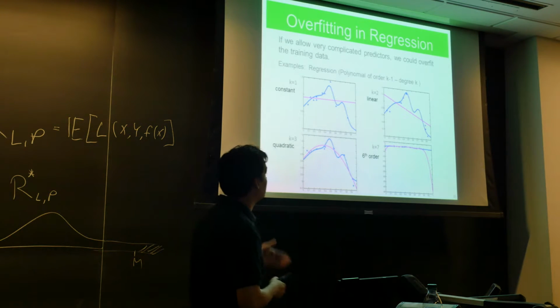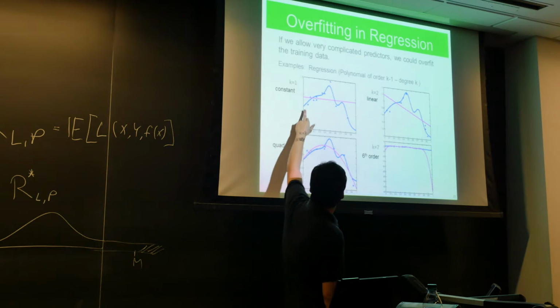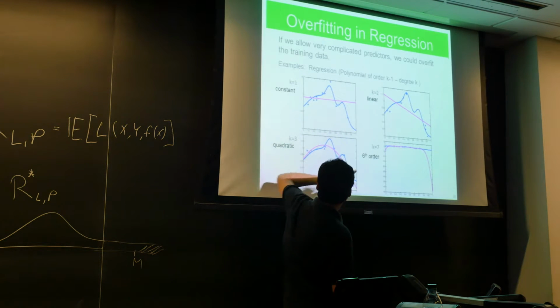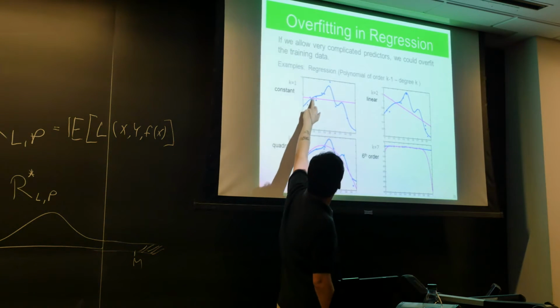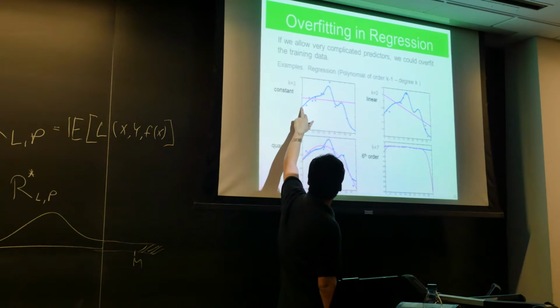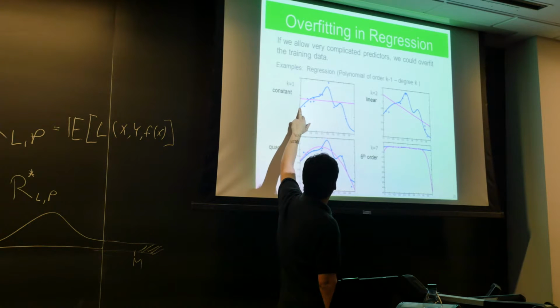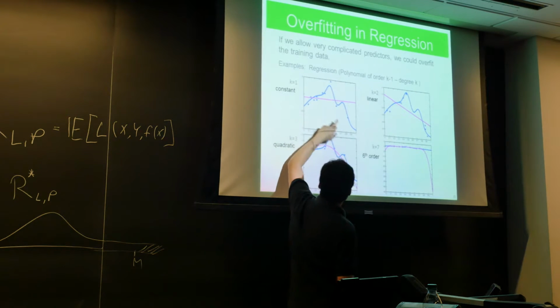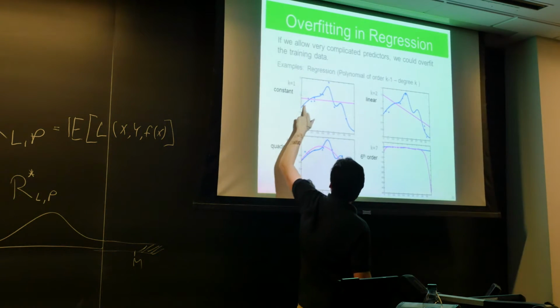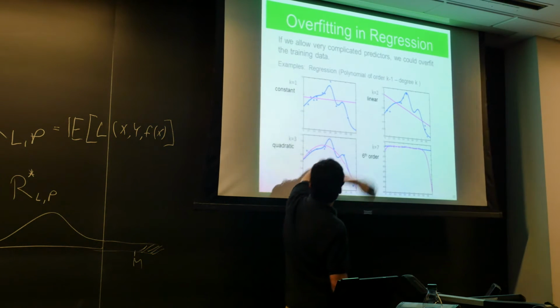All right, so this is just another demonstration of the same thing. For example, these are sample points from x_i, y_i pairs. The points are generated so that this is the true regression function, and these are just my noisy observations.